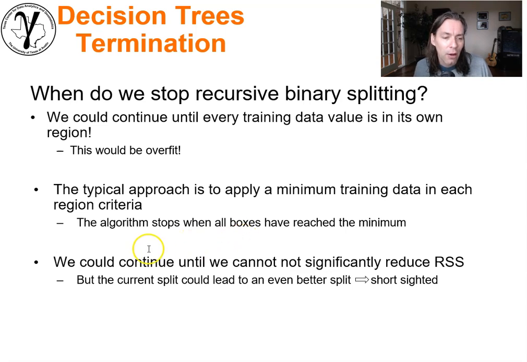We could try to do some type of minimum RSS reduction, residual sum of squares reduction, as a hurdle, but that typically doesn't go very well because you might not have a great split right now as far as reducing error, but maybe it will enable a future split that actually has a big jump. There's no reason to believe there's a monotonic relationship between the error reduction and the order of the splits.